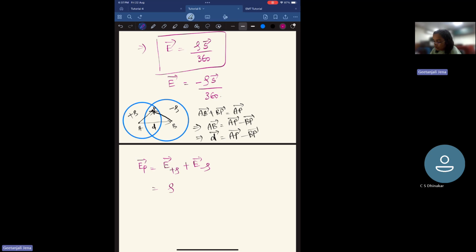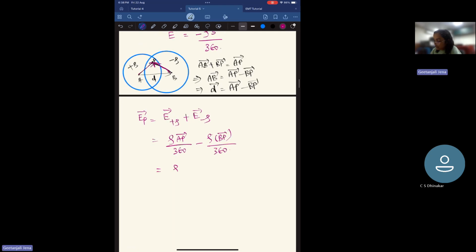So this is rho, and the distance is AP, by 3 epsilon naught, plus minus rho with distance BP by 3 epsilon naught.